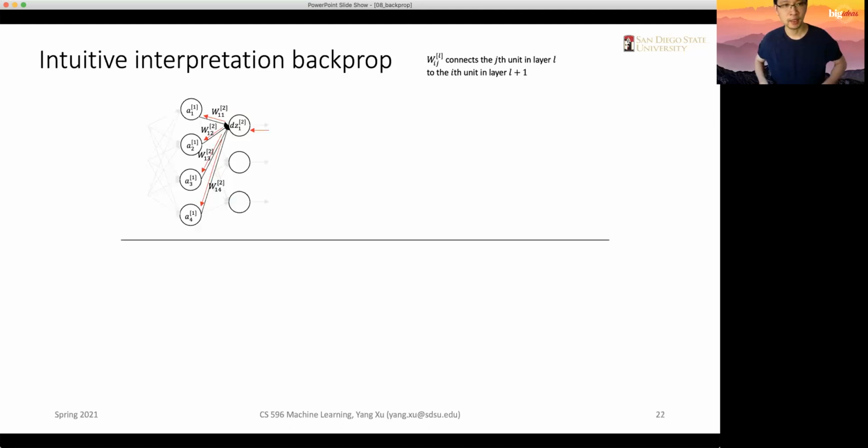So next, a little bit of intuitive interpretation on backprop. The backprop process, indicated by the backward arrows in the network colored in red, basically indicates a process where we use the information from the output to update all the parameters, all the nodes in the graph that help contribute to the output.